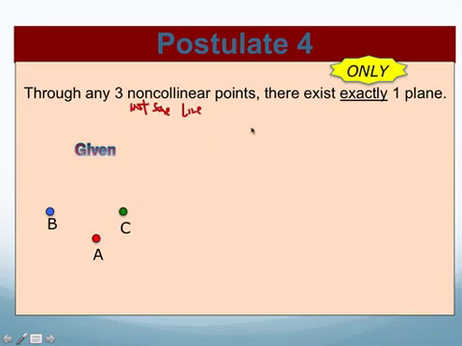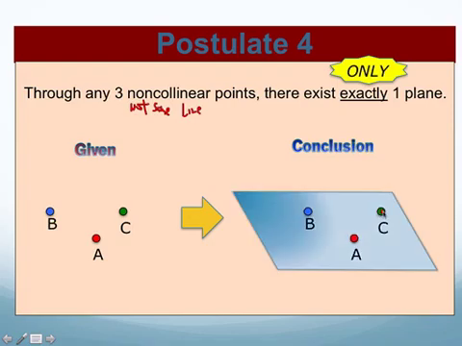So offset it. It's saying that in this situation, there is no way but to place one piece of paper to touch all 3 of these points. In other words, when you're provided any 3 points, you can only put one piece of paper to connect all 3 points, and that's what it means by the word exactly.